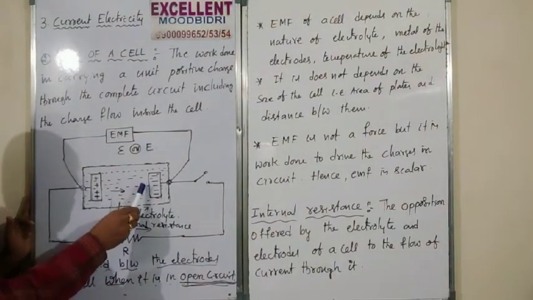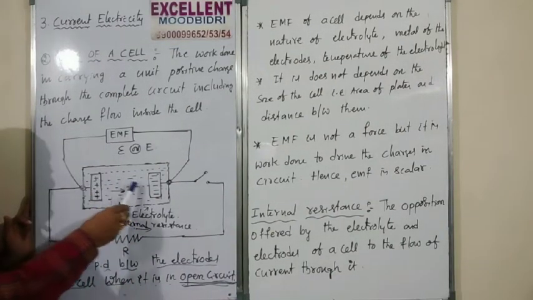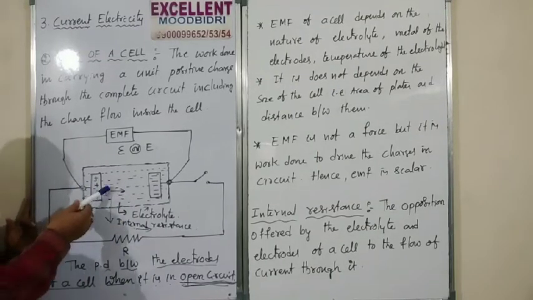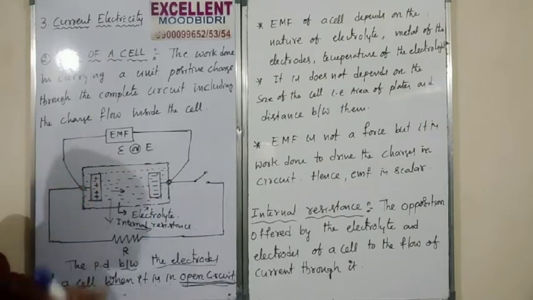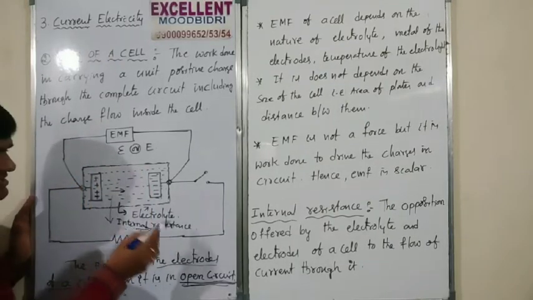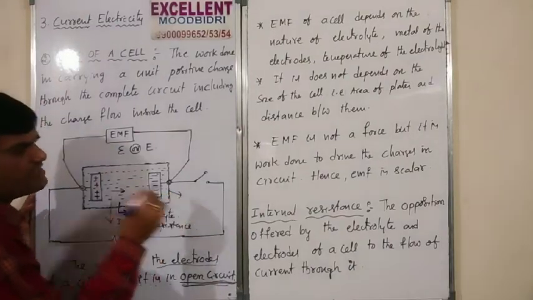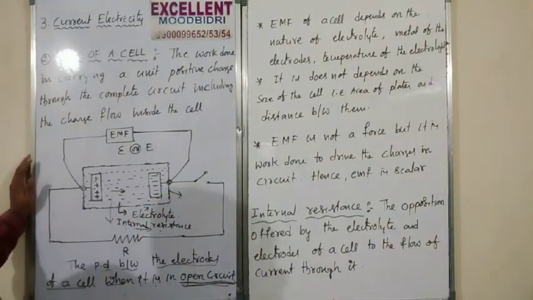The charge is flowing from one place to another, towards the electrodes, and the electrolyte opposes it. That is known as internal resistance. Remember, each and every cell has some small internal resistance.